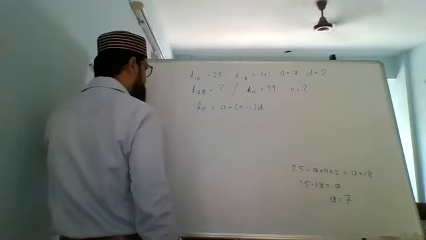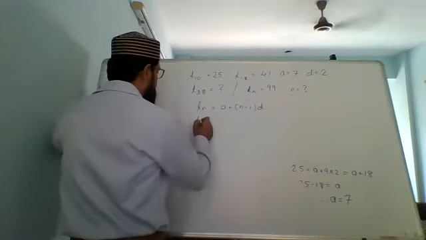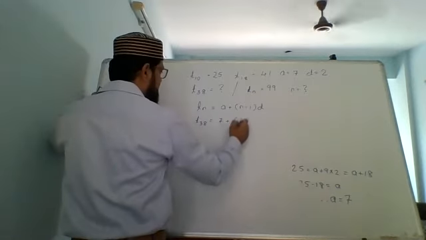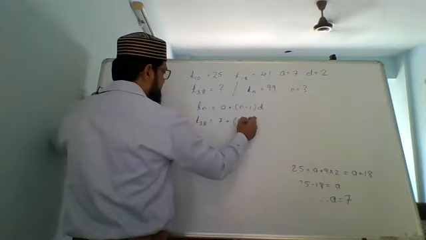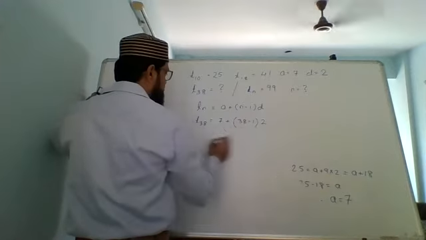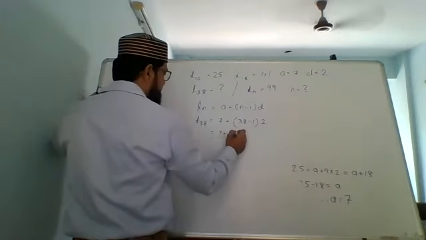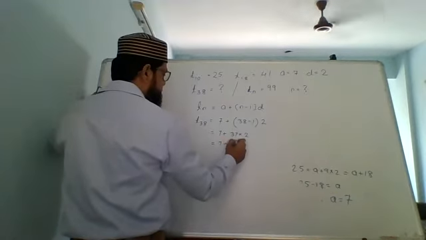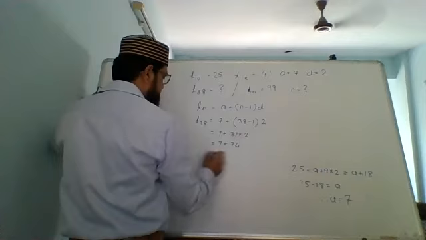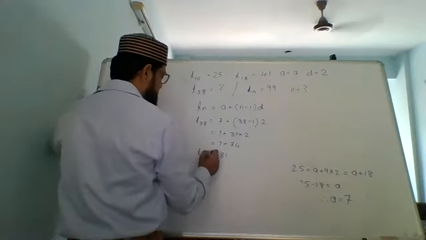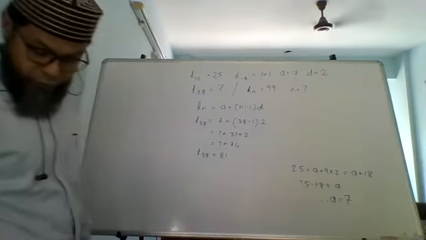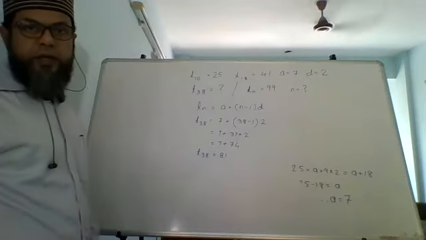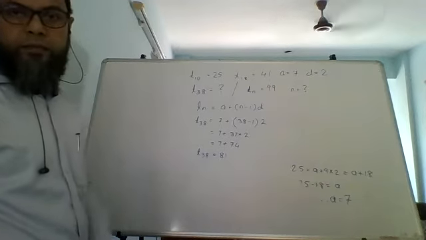Tn equals A plus (n minus 1) D. So T38 equals A, we have found out 7, plus (38 minus 1) D. D is 2. 7 plus 37 into 2. T38 equals 81.